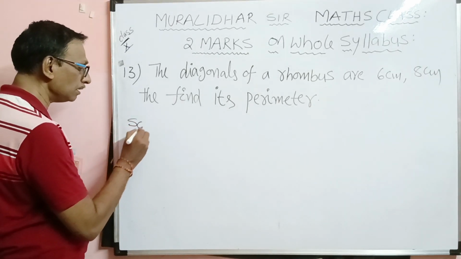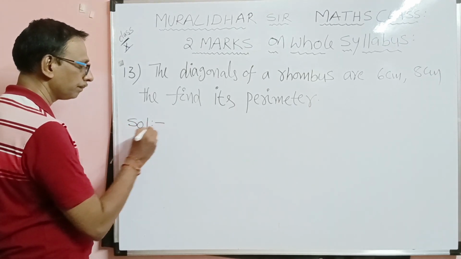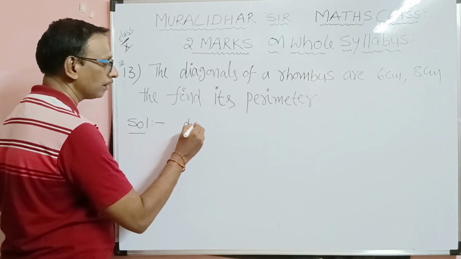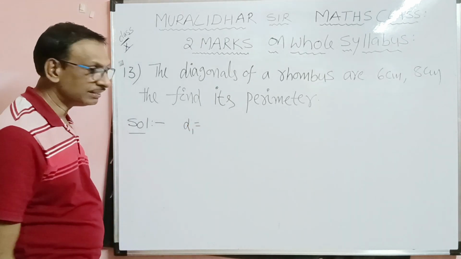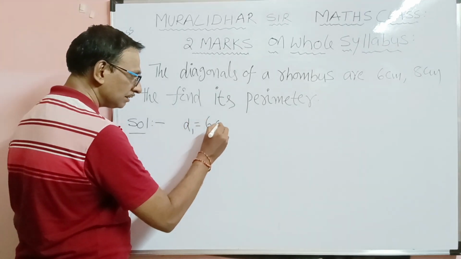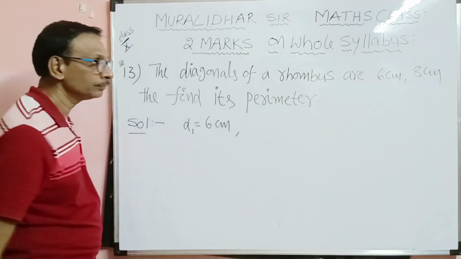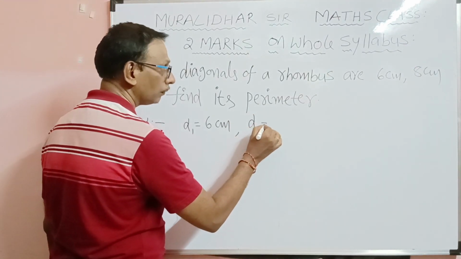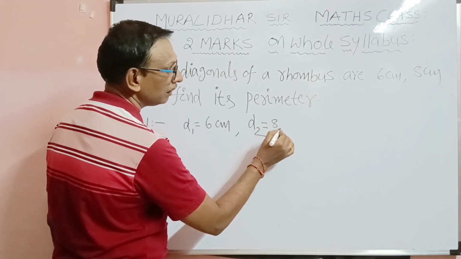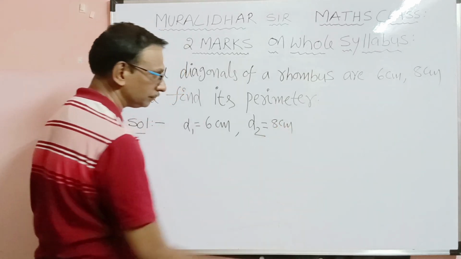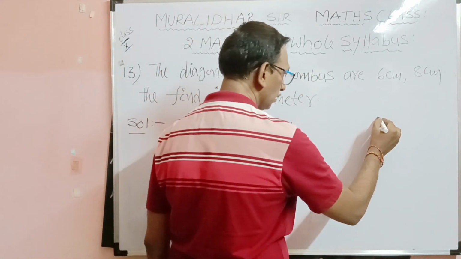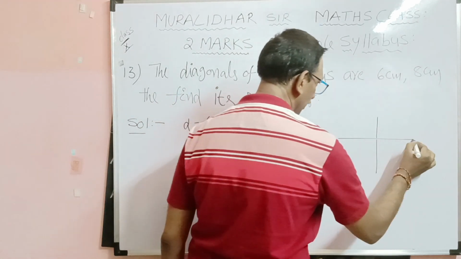Now solution. Diagonal d1 is given to you as 6 centimeters. Diagonal d2 is given as 8 centimeters. First you draw a rhombus here.